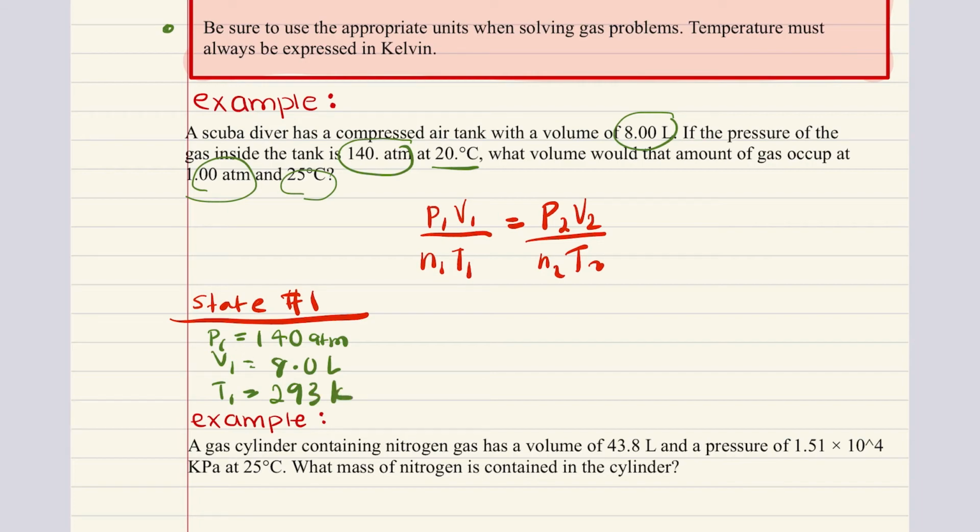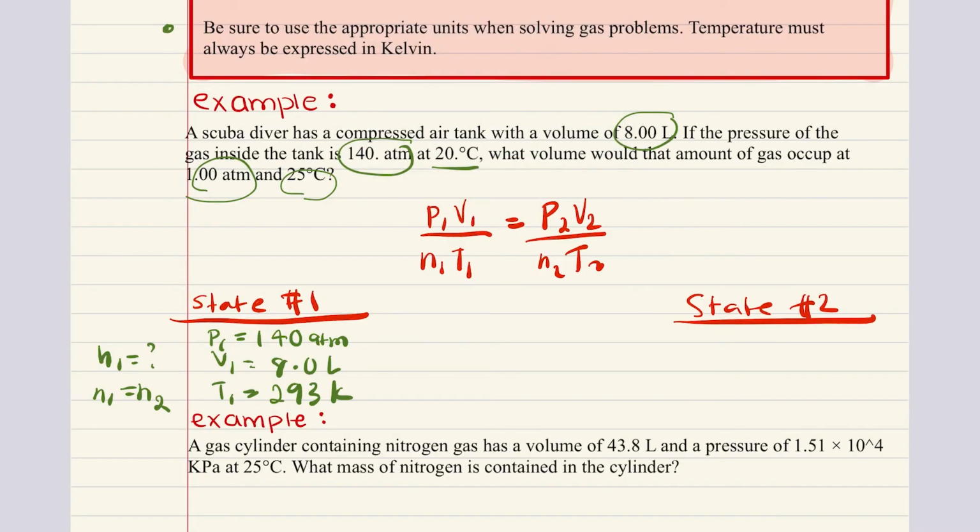And n1 is not given, but it is the same as n2, because it didn't tell us that moles of gas changed. So we don't know what n1 is equal to, but n1 is equal to n2. Now let's write what we know about state 2. What are we given here?